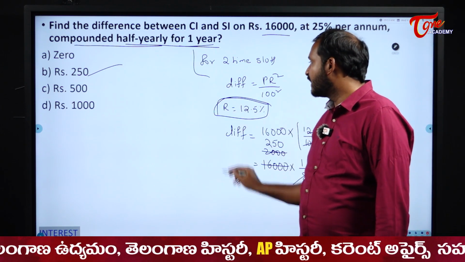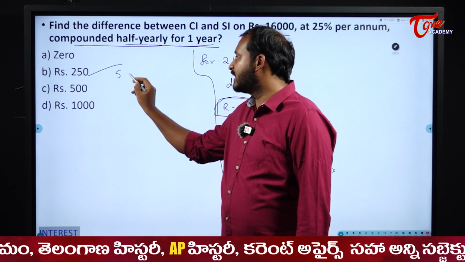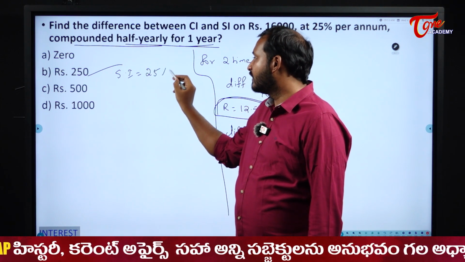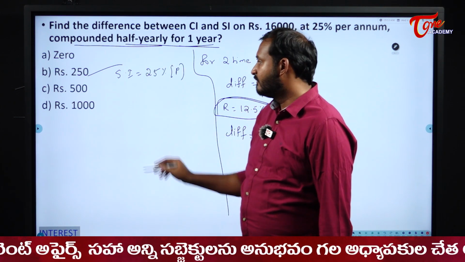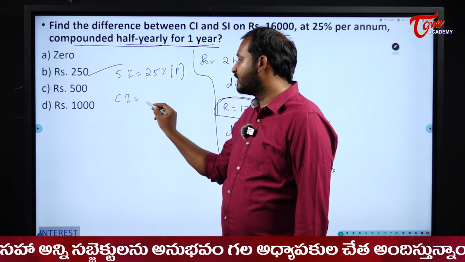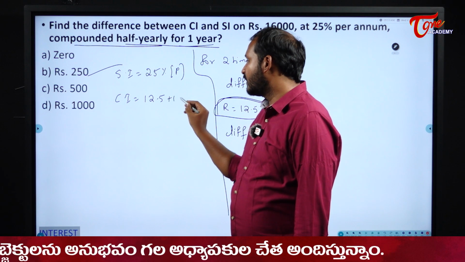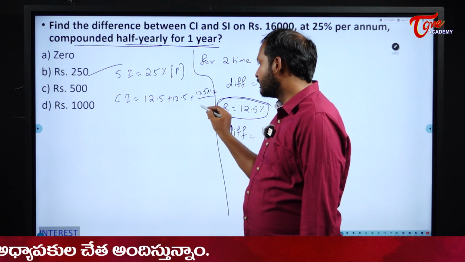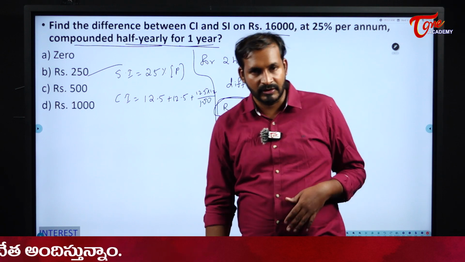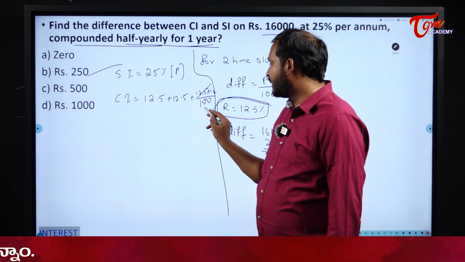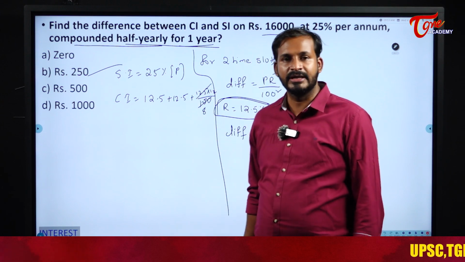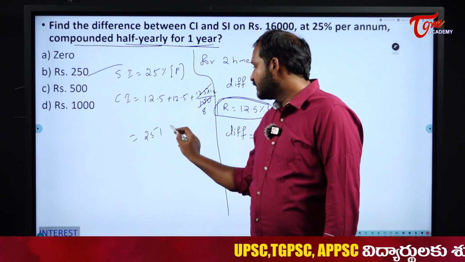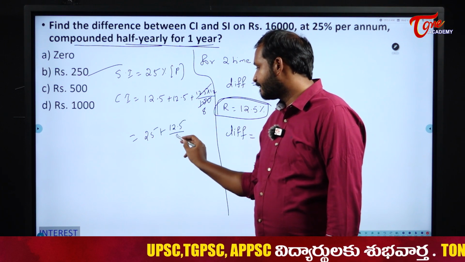Or else you can directly take SI will become TR percentage, 1 into 25. So directly 25% of principal will be my SI. When it comes to compound interest, compounded half yearly means 12.5 plus 12.5 plus 12.5 into 12.5 by 100. So this will become 8 times. Here this will become a little bit complicated, because here you need to find 25 plus 12.5 by 8.